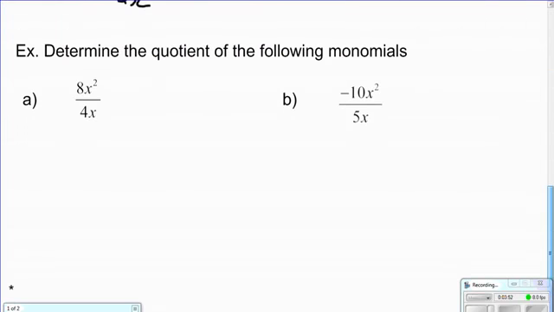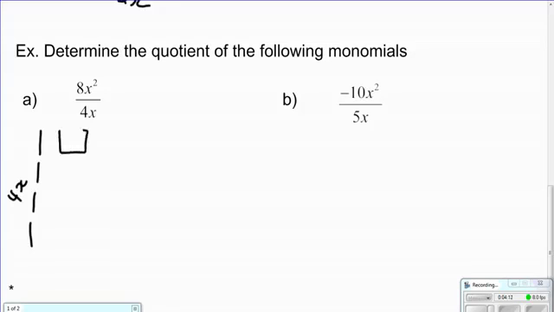Okay, so we're going to do these ones this exact same method. So start with the area of 8x squared, and we need to make a length that is 4x. So 1, 2, 3, 4. So this is my length of 4x. I need to arrange the 8x squared tiles so that it fills that length of 4x.